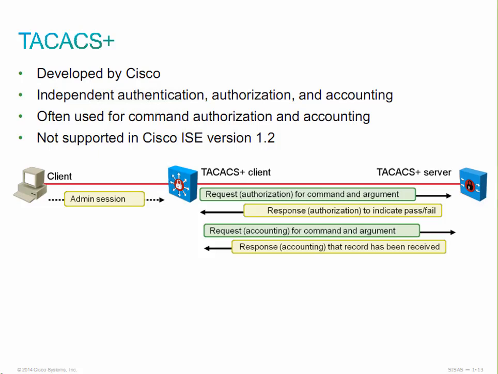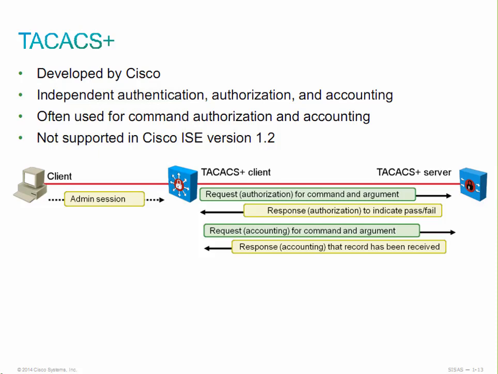Again, easy to remember because TACACS has a T in it, it doesn't have a U, whereas RADIUS has a U in it, so you can remember RADIUS uses UDP and TACACS uses TCP based on that. It is an authentication, authorization, and accounting architecture, but it is a connection-oriented protocol. All right, we don't have to implement transmission controls because it is built on top of TCP.